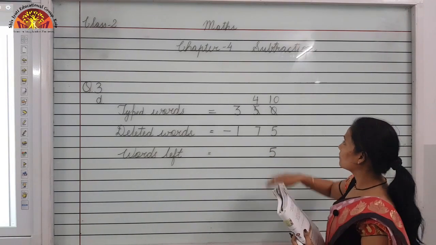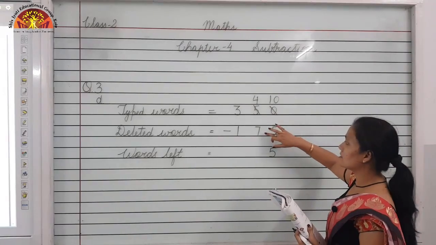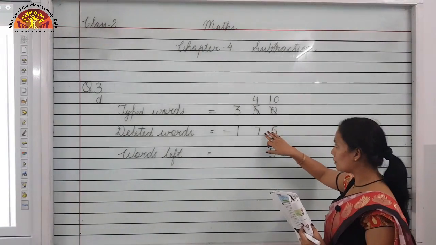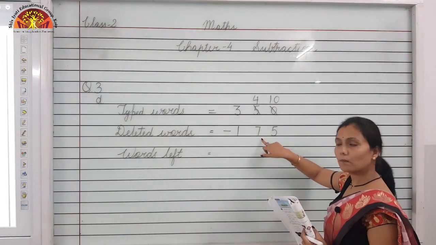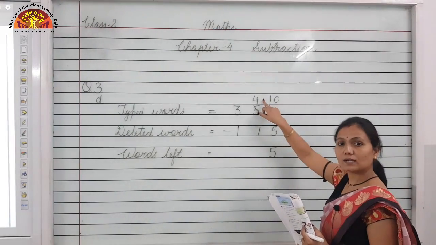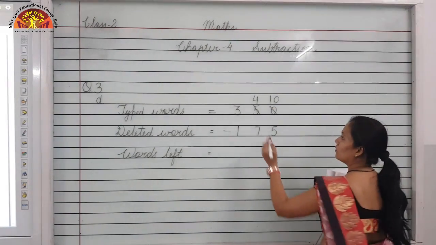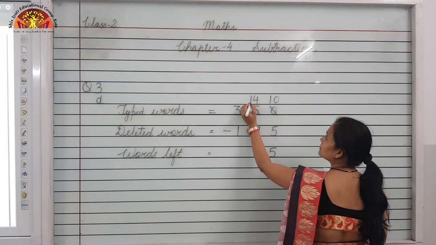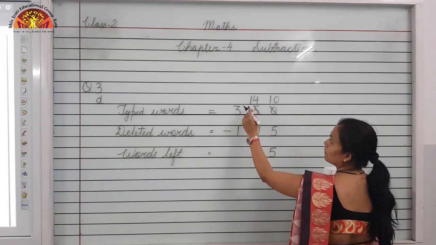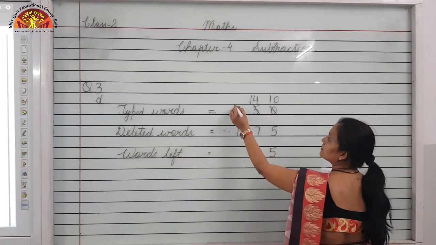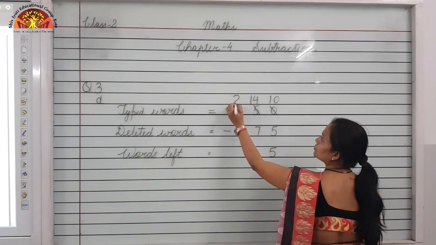Next, 4 minus 7. Again it is not possible to subtract 7 from 4 because 4 is smaller than 7. So we will borrow 1 from hundreds place. So this becomes 14 and this 3 becomes 2.